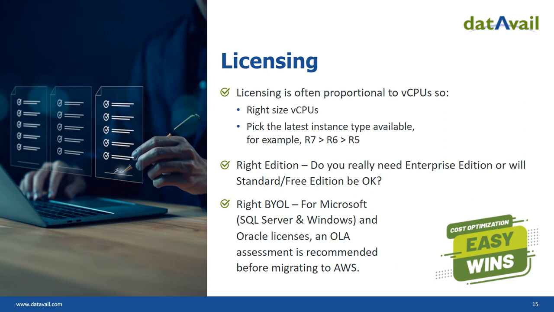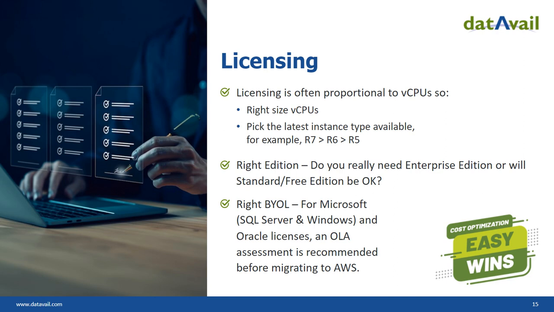Also, as customers are thinking about going to the cloud, and if they have a lot of SQL Server, Windows, and Oracle, it's a good opportunity to look at a licensing assessment. The licensing assessment looks not only at how your licensing will go to AWS, but also what your AWS cost will be, like for like, for example, or maybe if your CPU and memory are not utilized that much, you can have a smaller footprint on AWS.